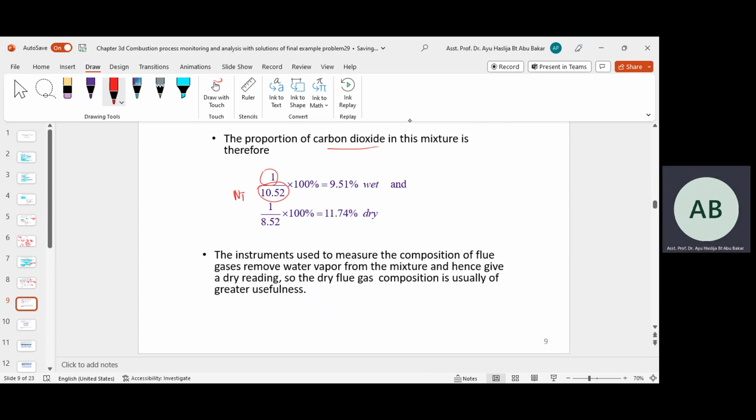This one is for wet and this one, N total, is for dry. So you'll get the percentage of CO2 in dry. The instrument, the gas analyzer, usually removes water vapor from the mixture, which means it gives the reading in dry basis.